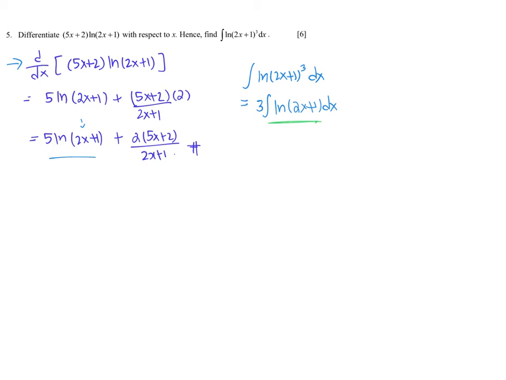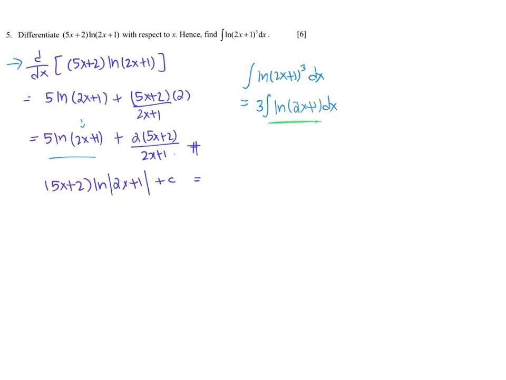Alright, so if we were to integrate the above with respect to x, we will have bracket 5x plus 2 ln, bear in mind this is integration now, we need to put in the modulus sign, 2x plus 1, plus c, because now there is a constant when we integrate both sides.